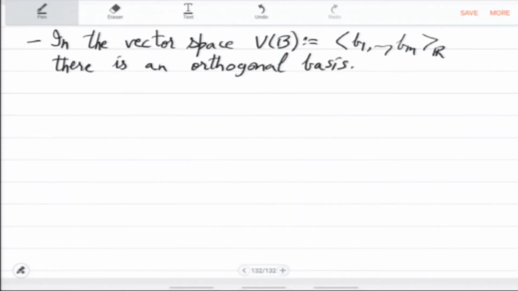This is a very important property in real vector spaces, and the idea can be seen pictorially. So what you do is you have this vector B1 and you have some vector B2. So you project B2 on B1.